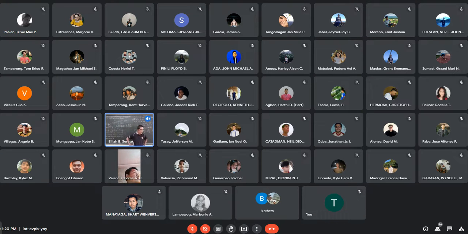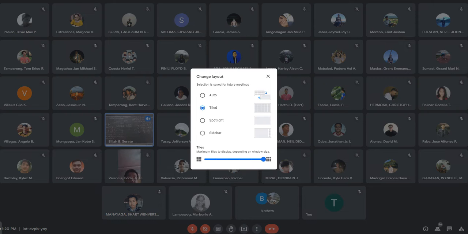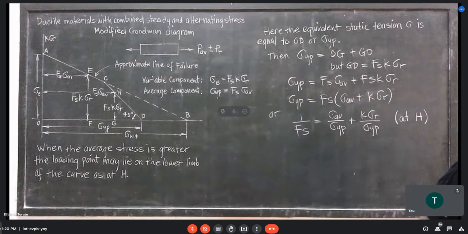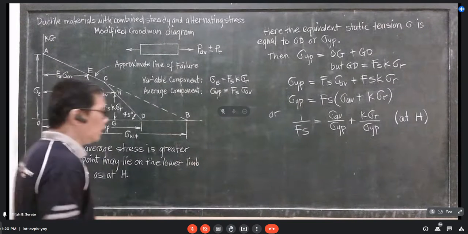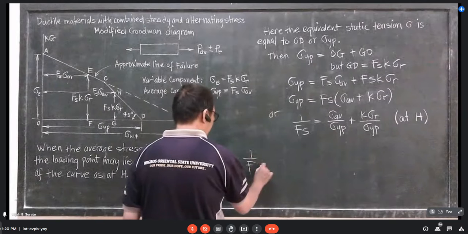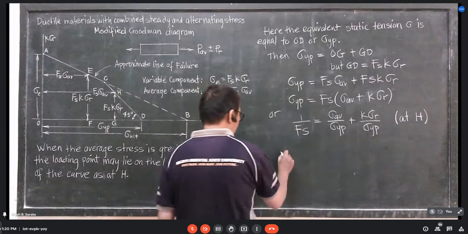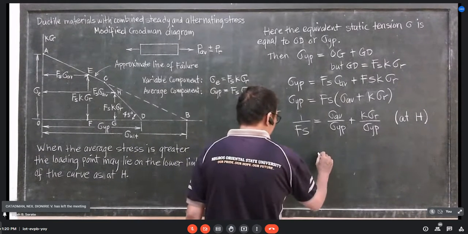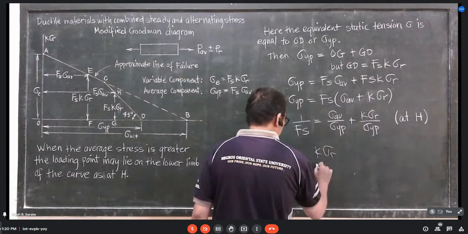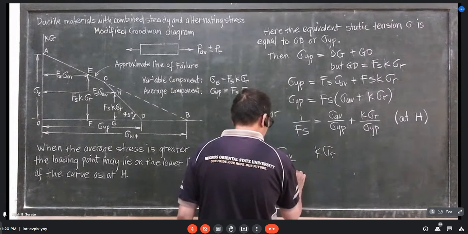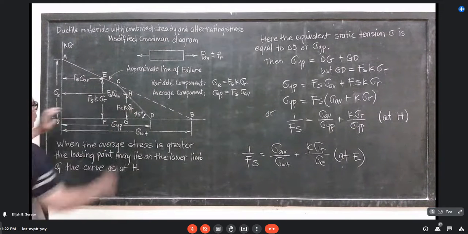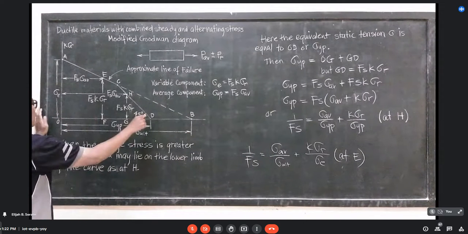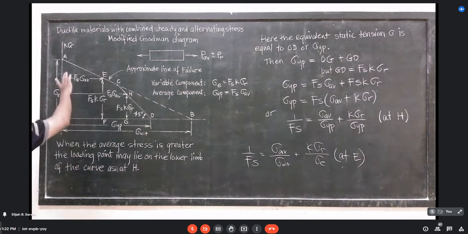Now, if you try to recall last time from the modified Goodman diagram, we had the formula 1 over the factor of safety is equals to average, then K range, then dire ultimate. However, when we are here, you will notice that the average becomes greater than the alternating.